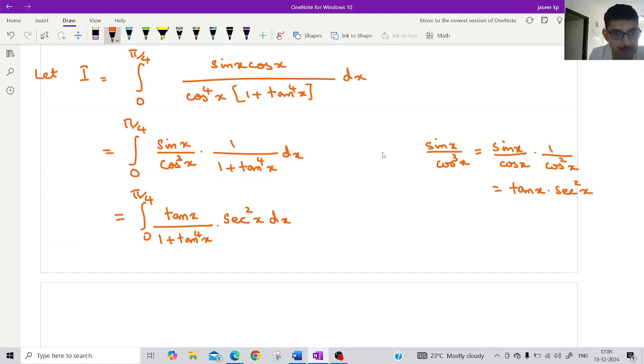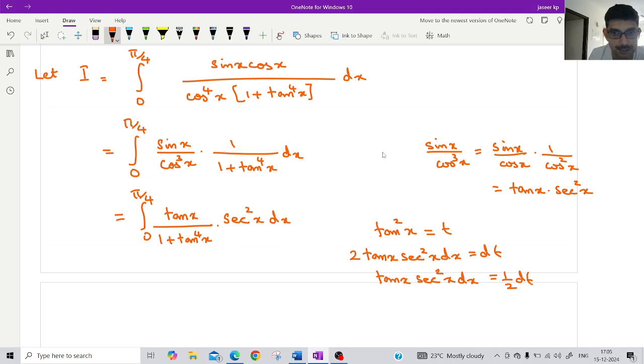Now this can be done by the substitution tan square x equal to t. Tan square x, if you take it as t, differentiating, 2 tan x secant square x dx equal to dt, or we are having only tan x secant square x, so tan x secant square x dx equals half dt.